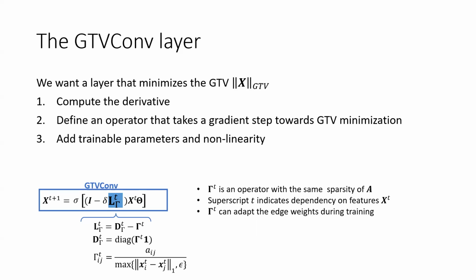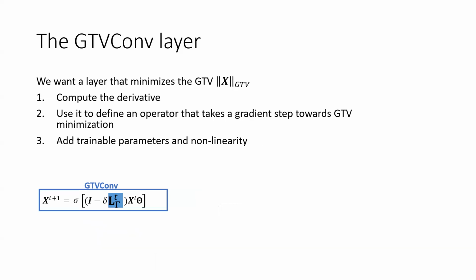Also note the superscript t, which indicates the dependency on the node features obtained at step t. Since the features x(t) change from layer to layer during training, this means that the edge weights described by the operator gamma(t) are trainable, and therefore they can be adapted during training.